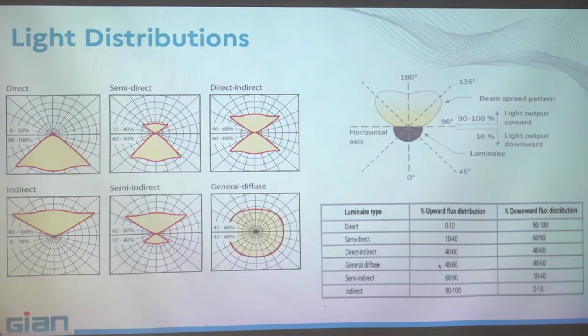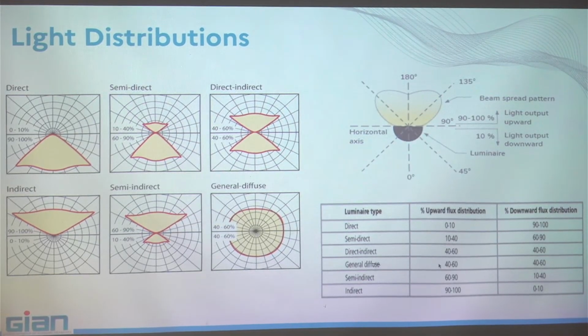Sending light above, what is the interest? When you illuminate the ceiling, as the ceiling is rather reflective, is white, you will send back a part of the light, and then you will obtain a more uniform distribution of the light.